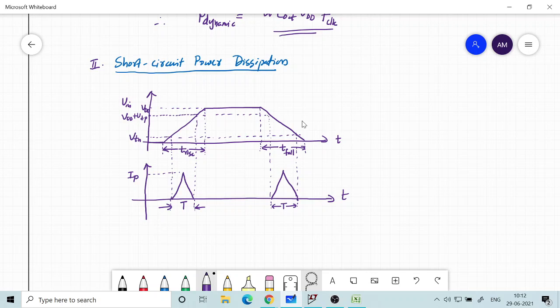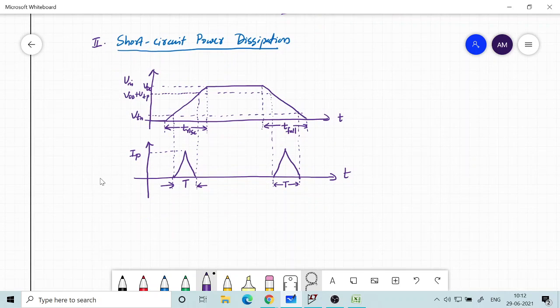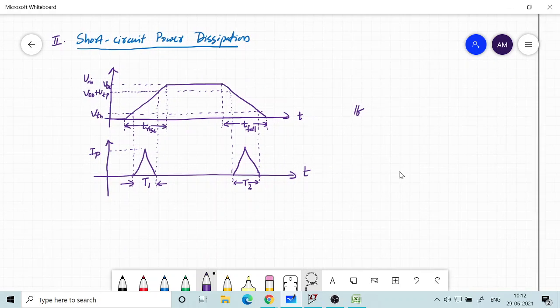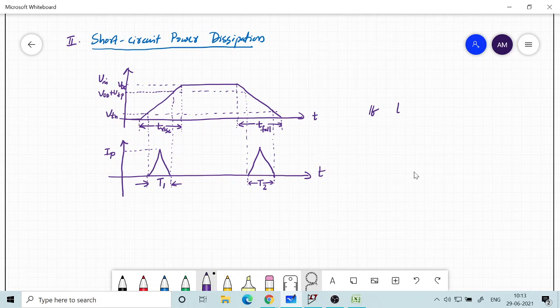But let's assume that the input rise time and fall time are the same, then T1 and T2 will be the same. Just to distinguish, I can put T1 and T2. So if T rise is equal to T fall for the input V of T, then T1 is equal to T2 equal to T.